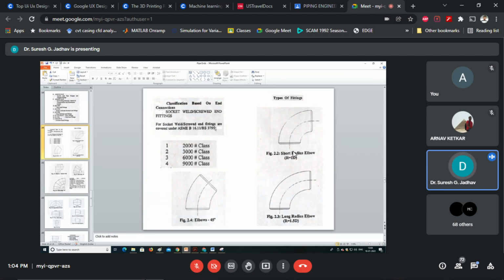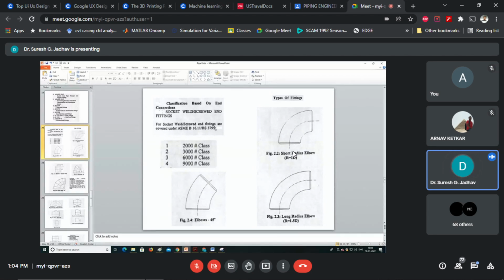The next material for socket weld and screw fittings is wrought carbon steel and alloy steel pipe fittings for moderate and elevated temperature. So wrought carbon steel and alloy steel pipe fittings are used in moderate and elevated temperature.